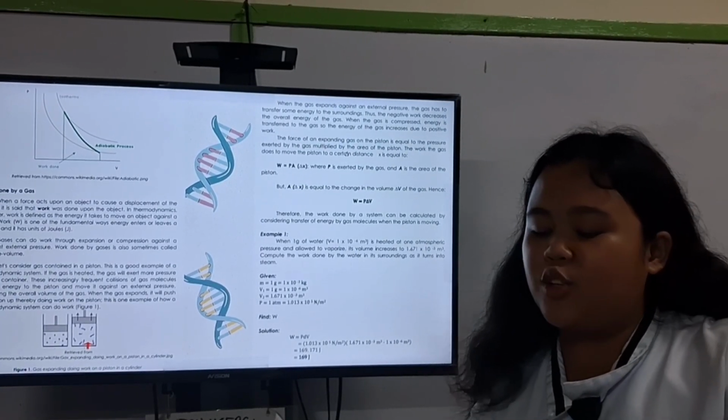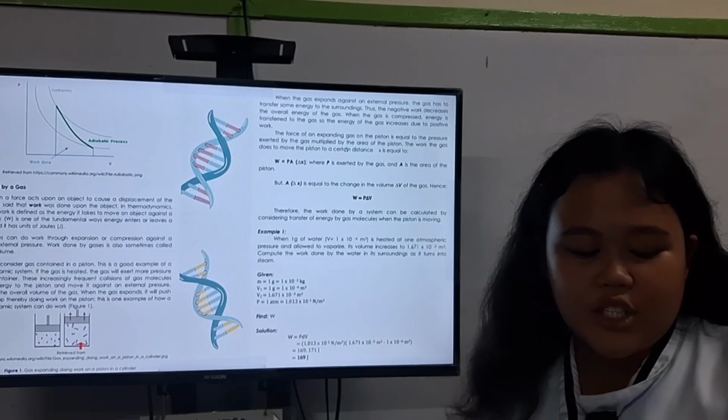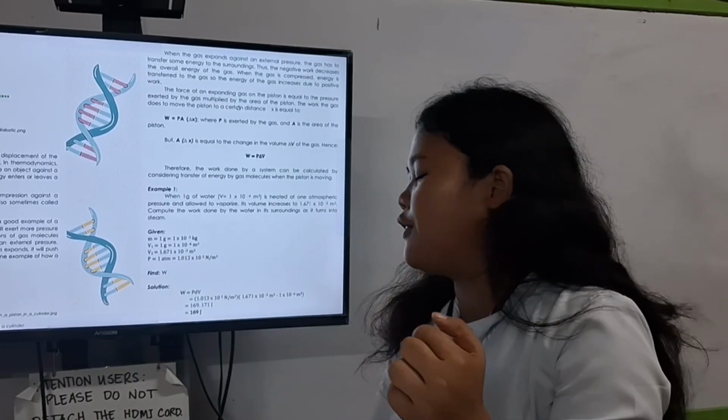So here is the solution. W is equal to P dV.